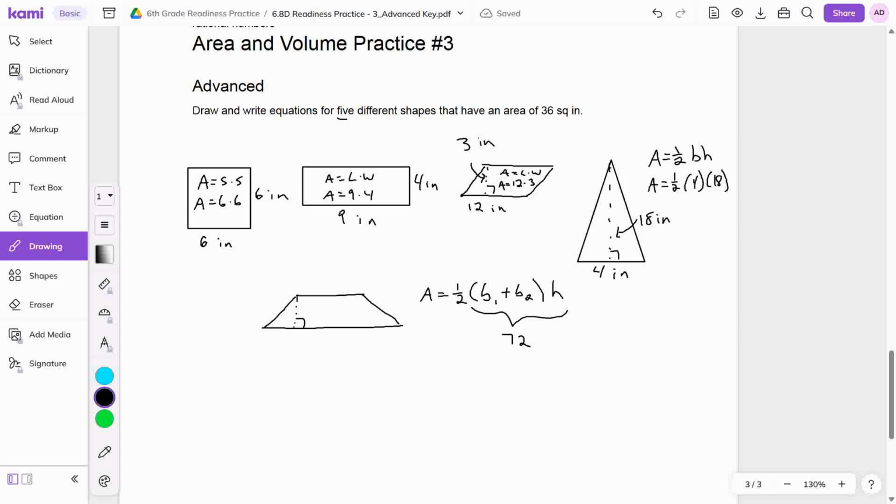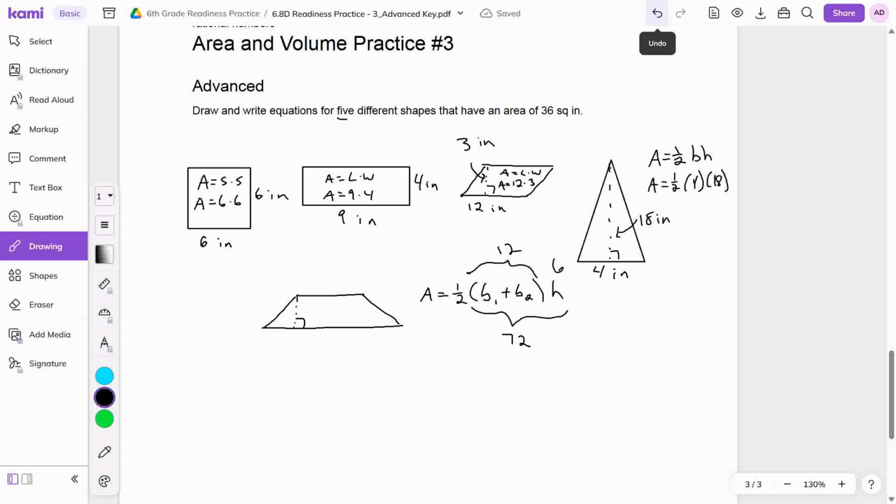So let's make this number 12, which means what times 12? And you know what? Let's not make that 12 just because that's visually not what I was looking for. It would make more sense if this were 12 and this were 6. 6 times 12 gets me 72. I take half of that, I've got 36.